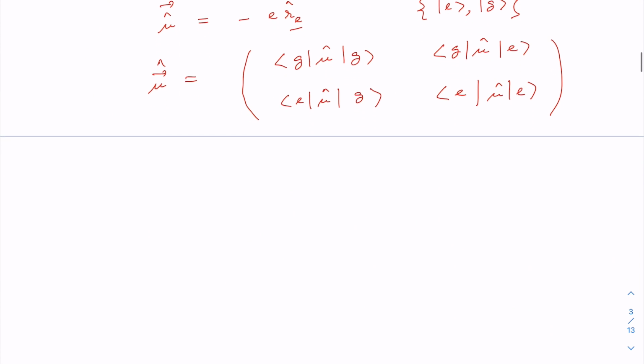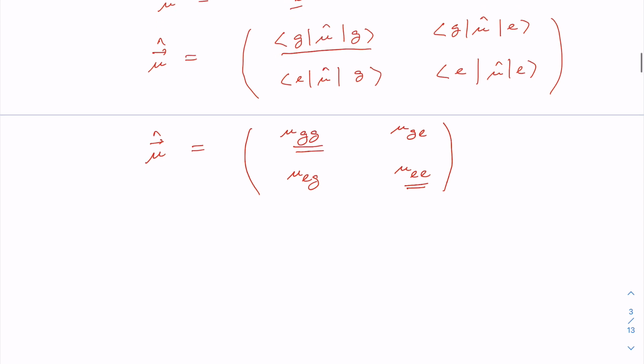In short notation, we can write this dipole moment operator in the matrix form as: first mu_zz, then mu_ze, mu_ez, and mu_ee.